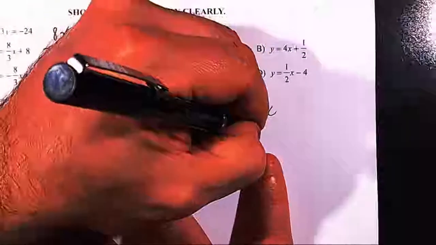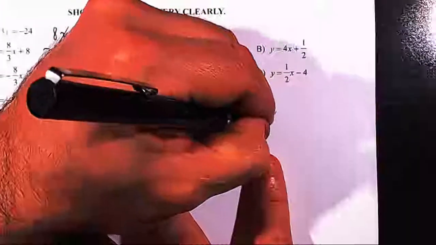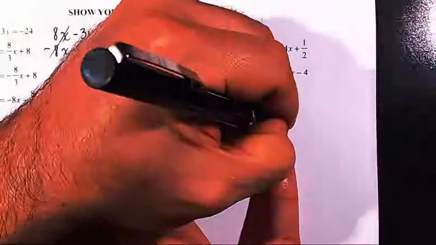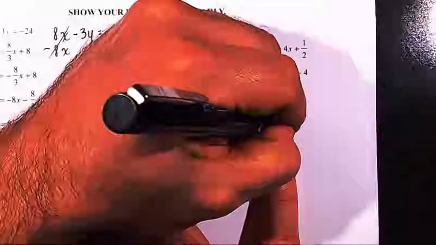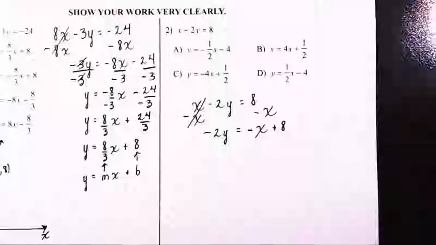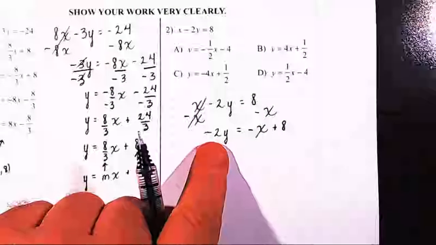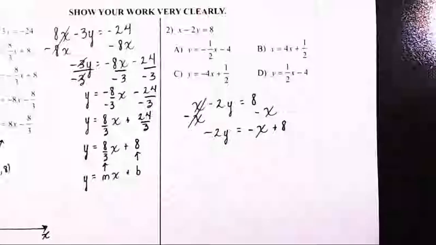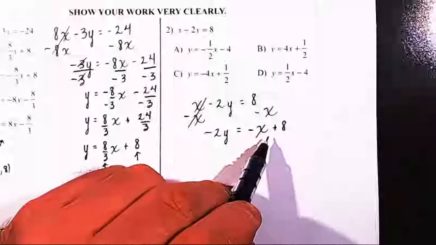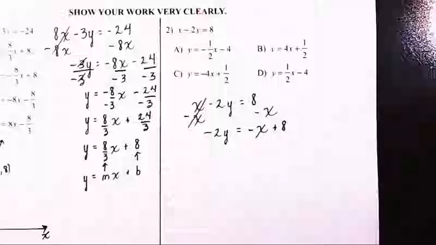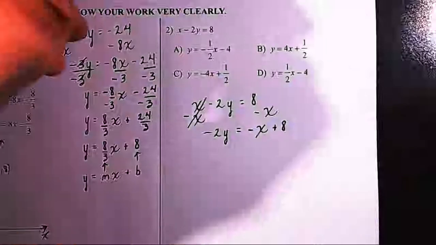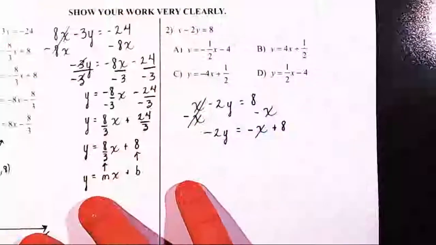Remember, by convention, I'll write the x term first. So I'll write negative x plus 8. My next step is to divide out the negative 2 from every term in my equation, because I want to get rid of it.